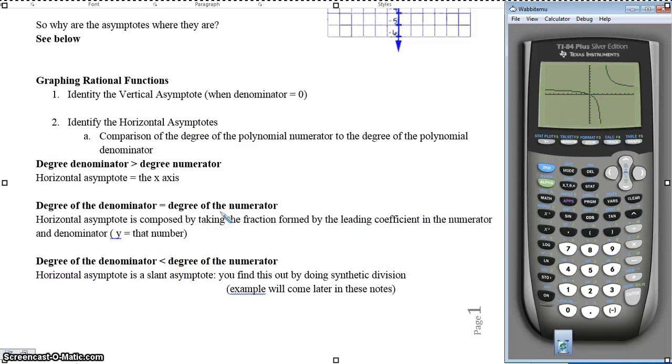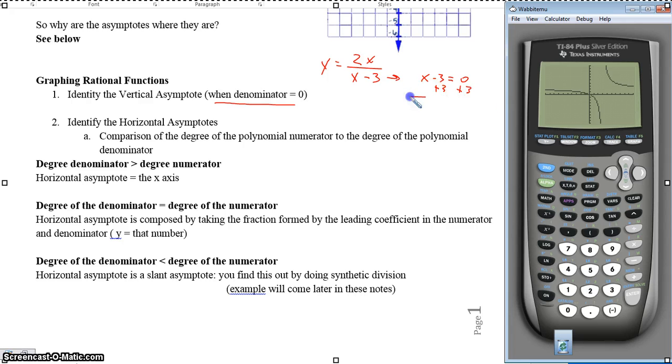So here are some rules for finding your horizontal and vertical asymptotes. The vertical asymptote is pretty easy to identify. You always will set your denominator equal to 0. So if we go back to our previous example, y equals 2x over x minus 3, the way that we got our vertical asymptote was we set our denominator equal to 0. x minus 3 equals 0.